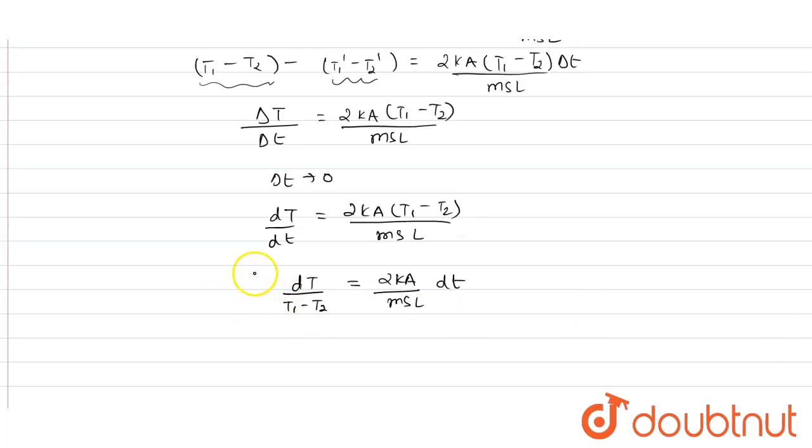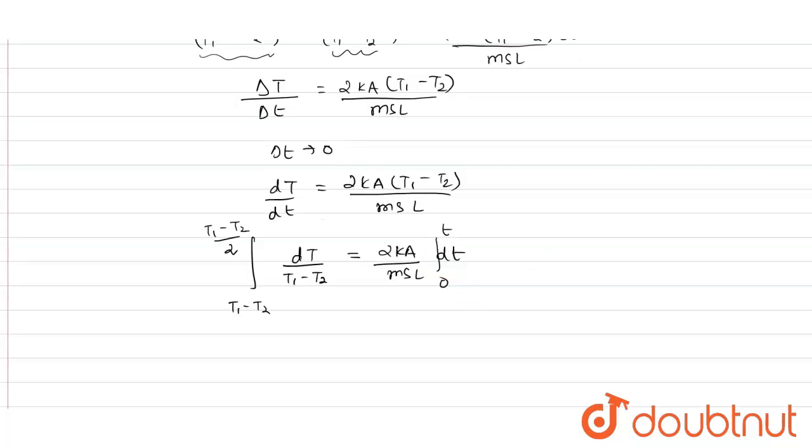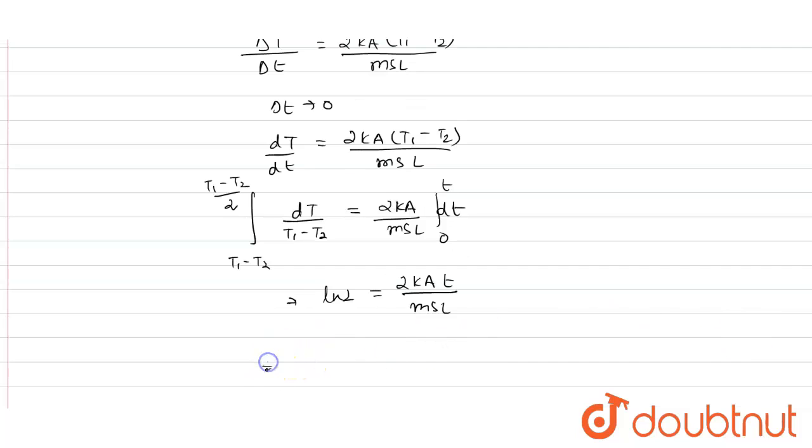The temperature difference goes from T1 minus T2 to (T1 minus T2) upon 2, and the time goes from 0 to t. On integrating, we get ln 2 equals 2 K A t upon m s L. From here the time period comes as t equals m s L ln 2 divided by 2 K A. So this is our required answer.